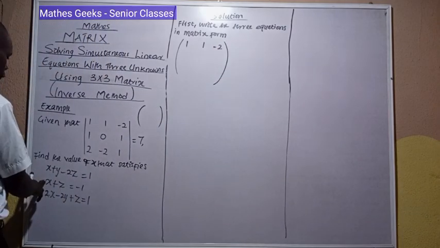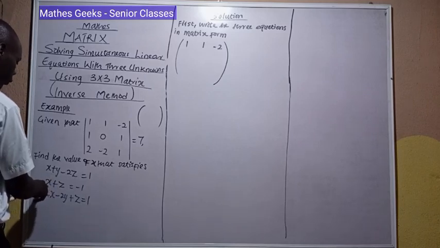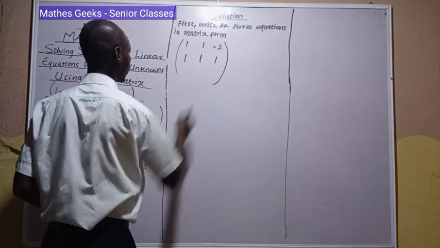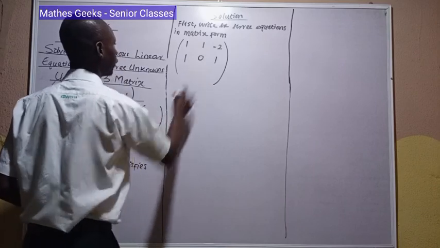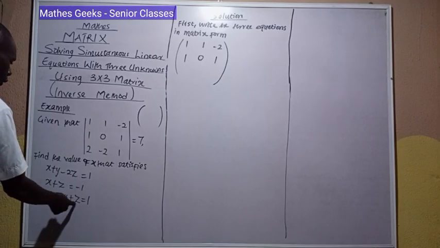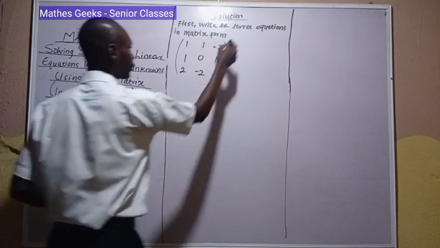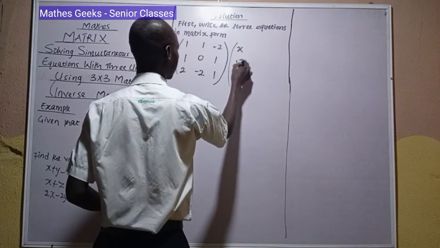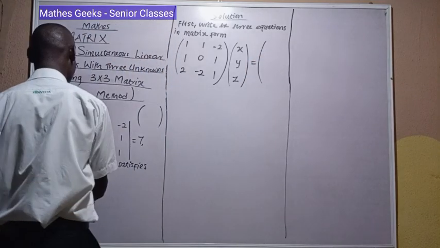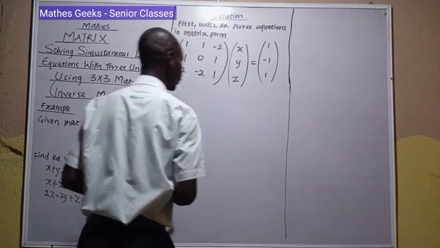In the next equation, the coefficient of x is 1, y does not have a coefficient so it's 0, and z is plus 1. So 1, 0, 1. In the third, the coefficient of x is 2, that of y is minus 2, and z is plus 1. So 2, minus 2, 1. Multiplied by x, y, z, is equal to 1, minus 1, 1.